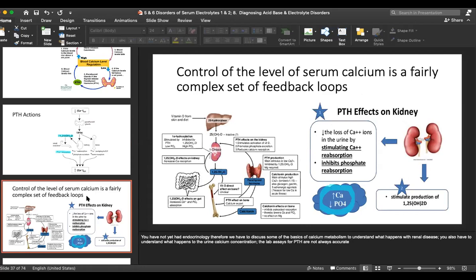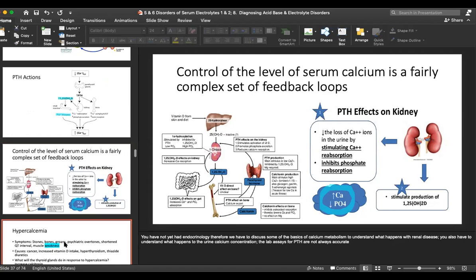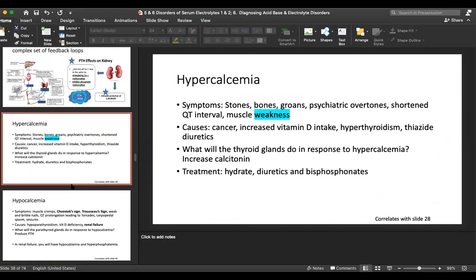PTH is effectively going to increase our calcium and decrease our phosphate. For hypercalcemia, our symptoms are going to be stones, bones, groans, psychiatric overtones, and then we're going to have a shortened QT interval and muscle weakness.